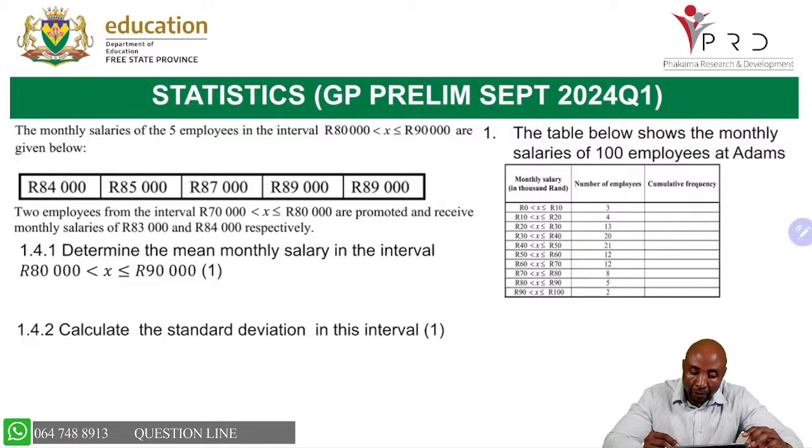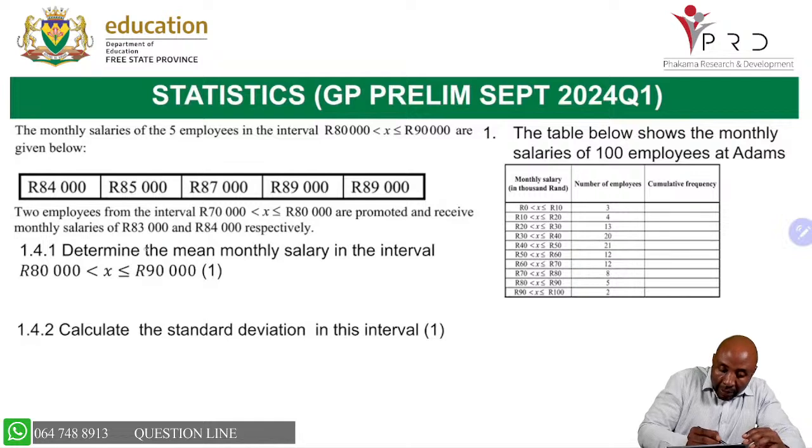Now, we are told 2 employees from the interval 70,000 to 80,000 are promoted and receive monthly salaries of 83,000 and 84,000. Can you see now? These two, we are adding them there. We have one with 83,000 and we have one with 84,000.